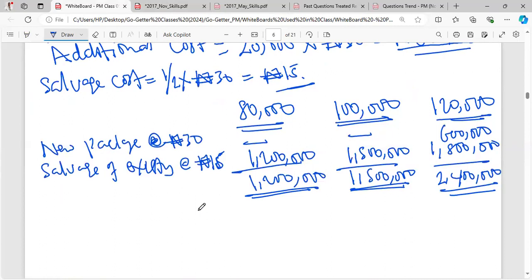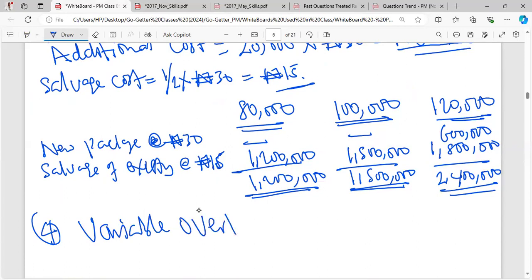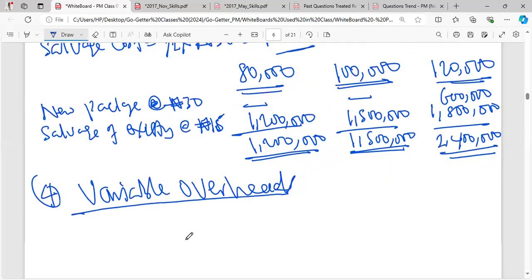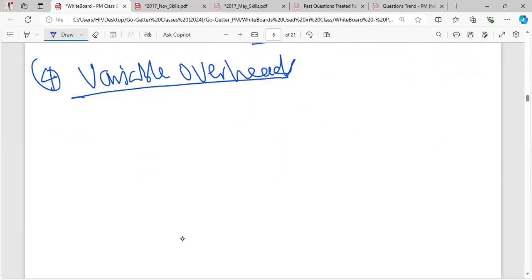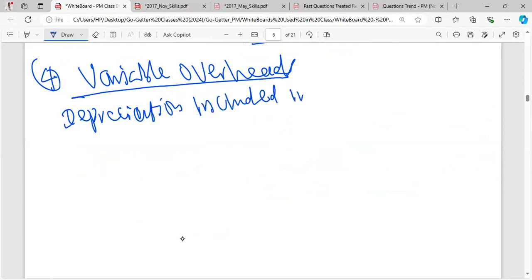This is number 4, variable overheads. Now say depreciation included in variable costs.